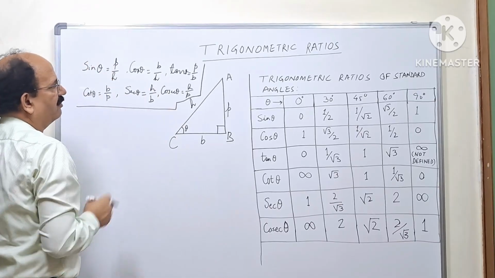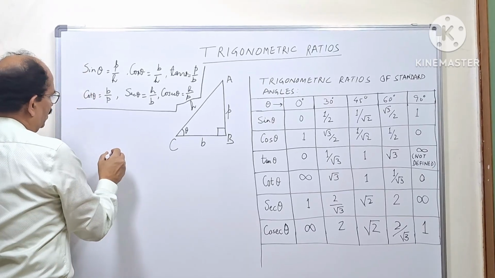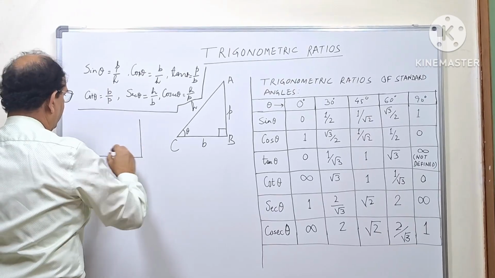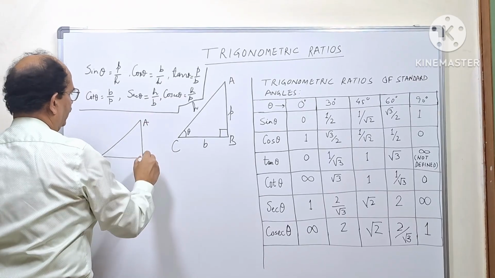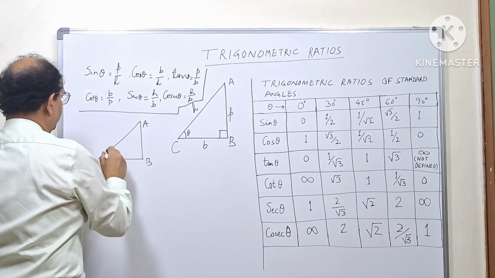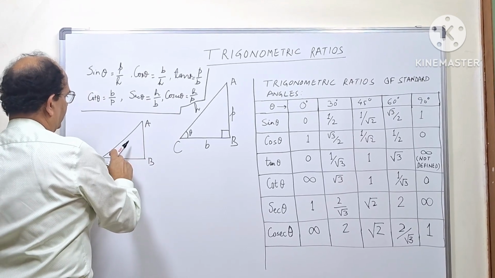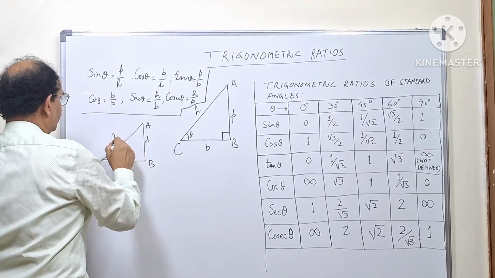Let's start from theta equal to 0 degree. So let's draw that triangle again, that is A, B and C with angle theta, and because theta is the angle of reference, this is perpendicular, this is base, this is hypotenuse.